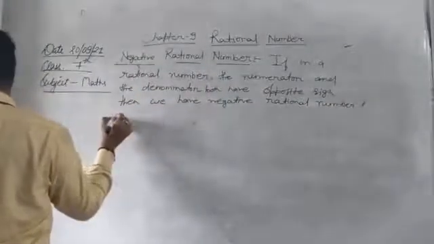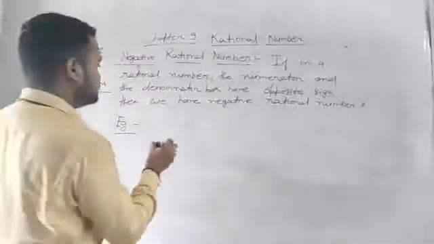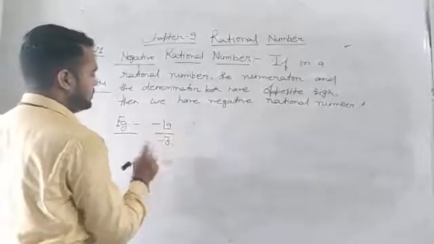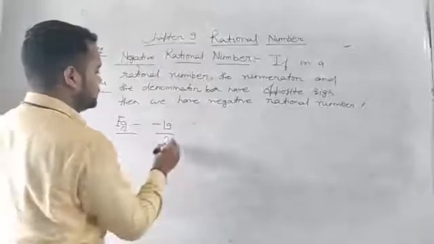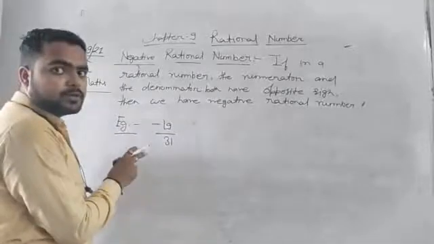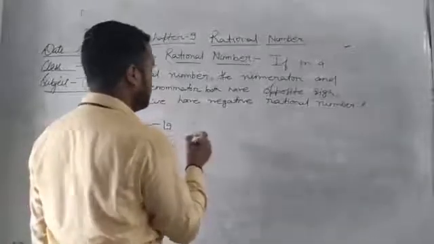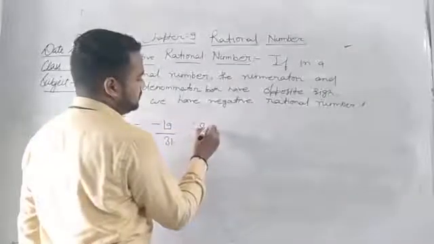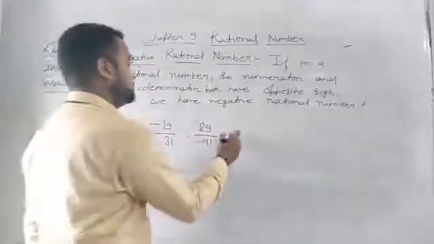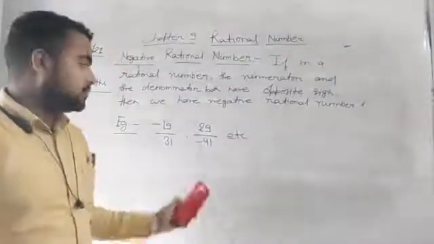For example, minus 19 by 31. Here in this example, the numerator has a minus sign, but the denominator has a positive sign. So it is an example of a negative rational number. And our next example is 29 upon minus 41. Here in this example, the numerator has a positive sign, but the denominator has a negative sign.